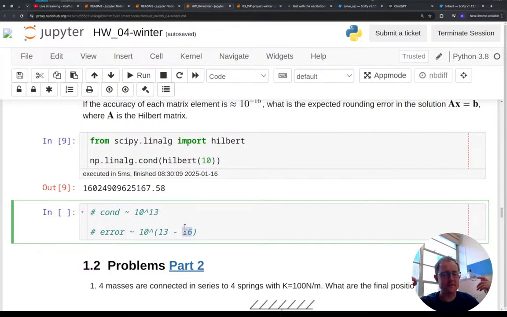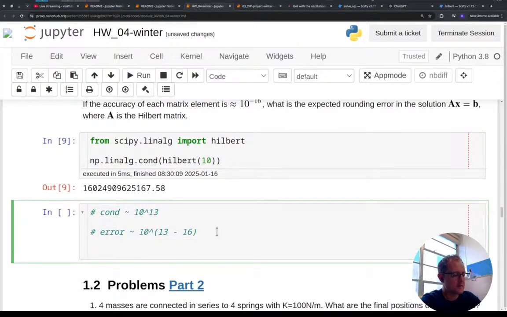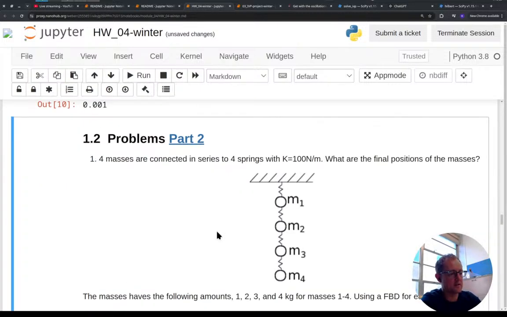So 10 to the negative 16 is sort of our bottom limit, where I don't trust anything a computer tells me that's less. If it's 10 to the negative 18, that is 0. There's no difference between 0 and 10 to the negative 18. So the error would be 13 minus 16.